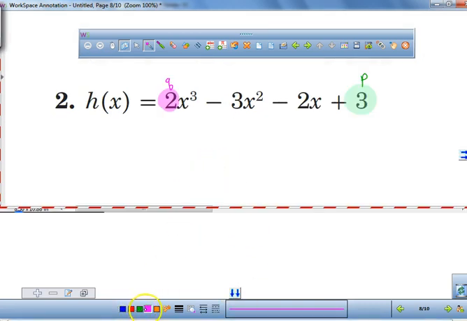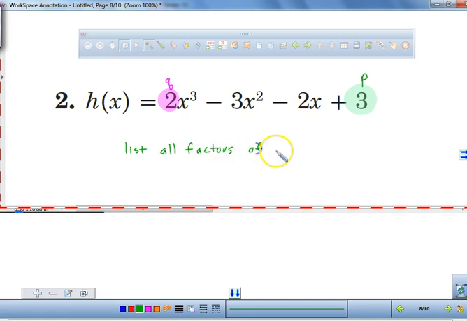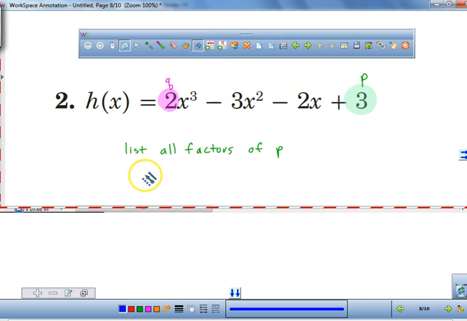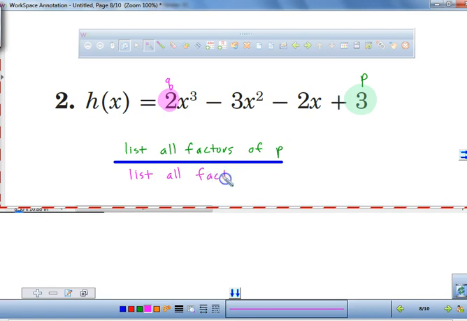Now, what we're going to do, we're going to list all the factors of P over all the factors of Q. We're going to find this.